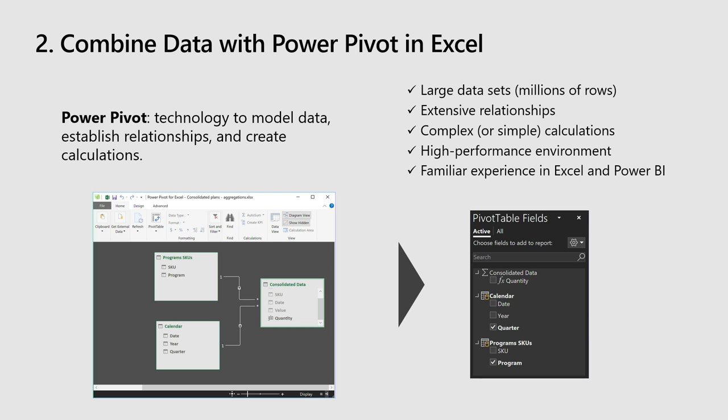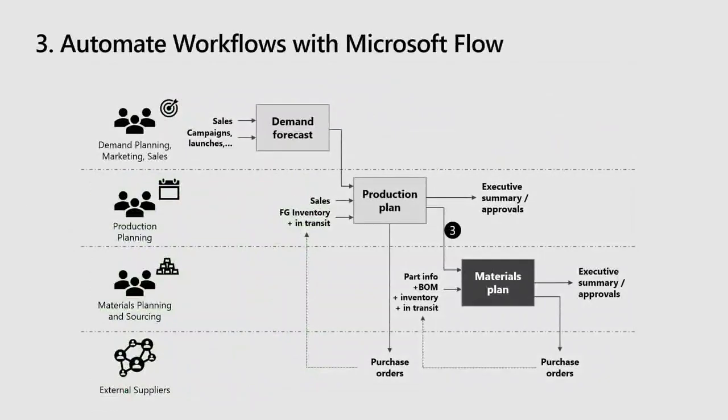So here we have the data table only with measurements and the slicing tables only with the dimension. So that's the step with Power Pivot.